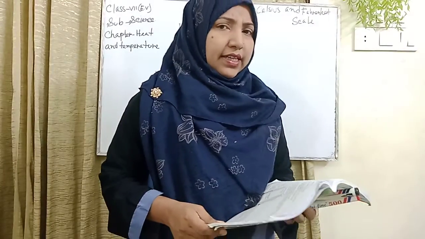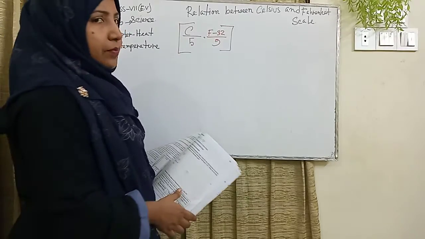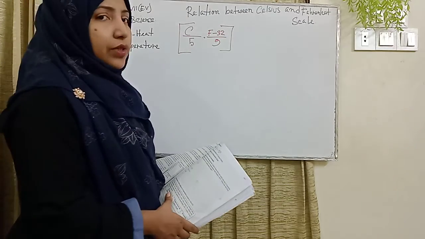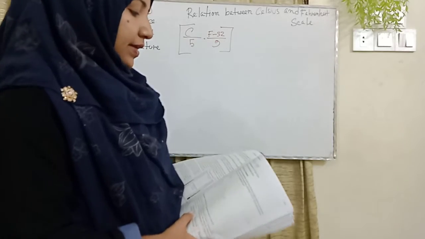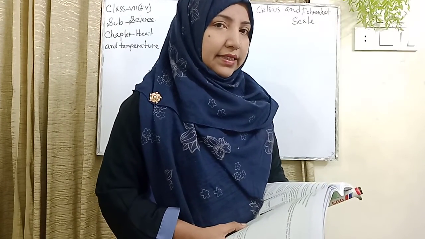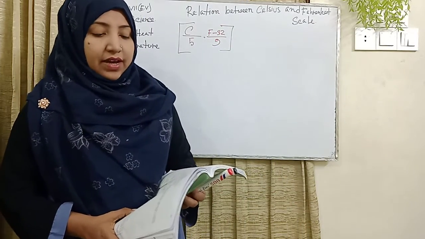Again, I repeat, the equation is C/5 = (F - 32)/9, where C is the temperature in the Celsius scale and F is the temperature in the Fahrenheit scale.